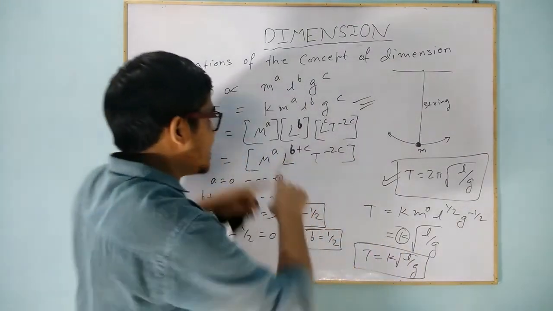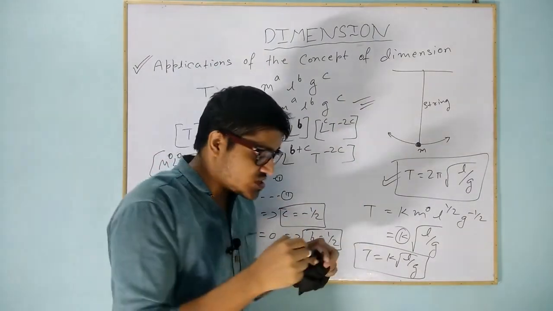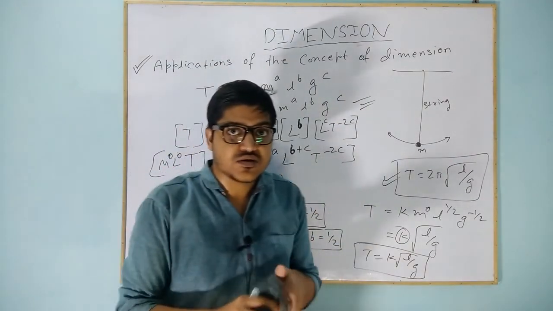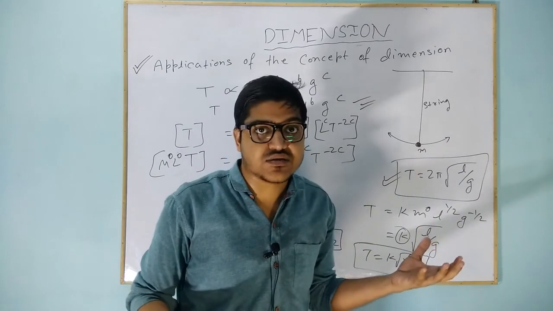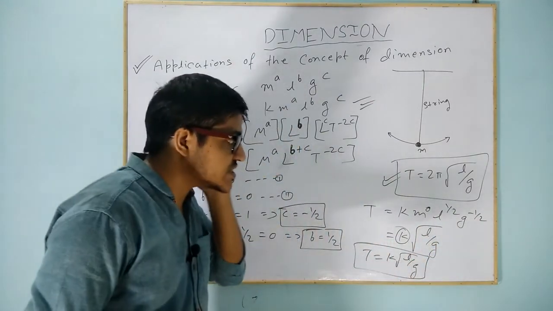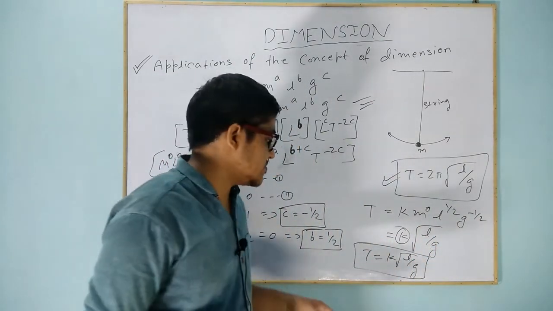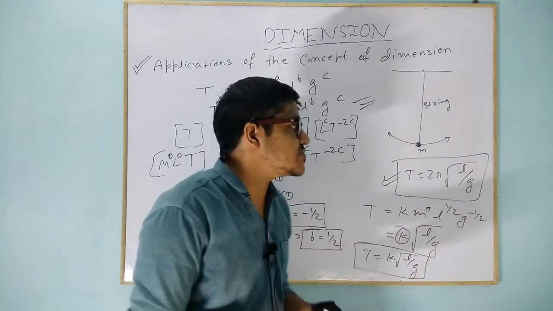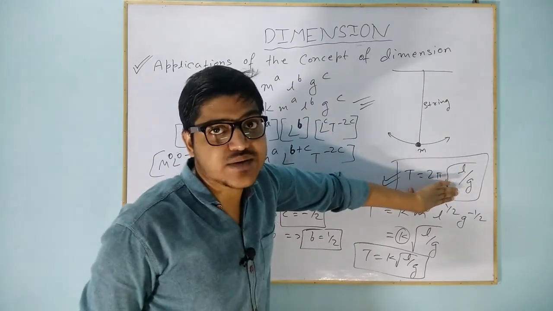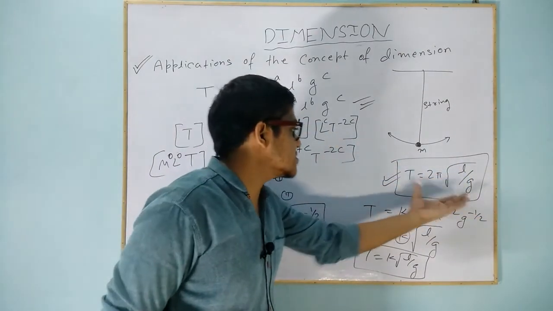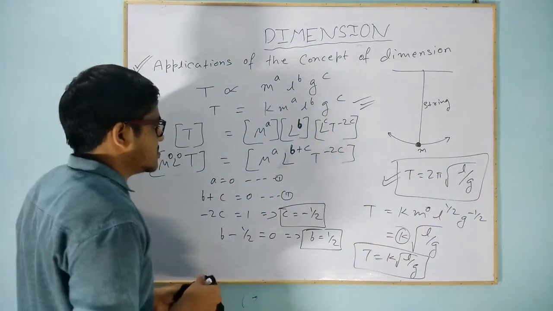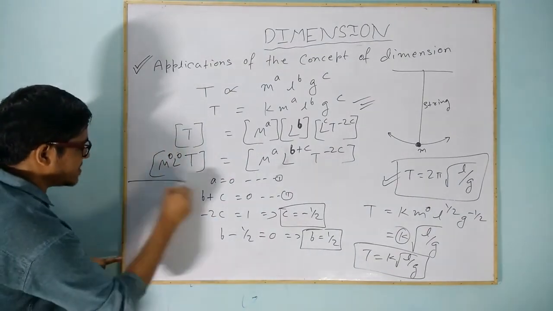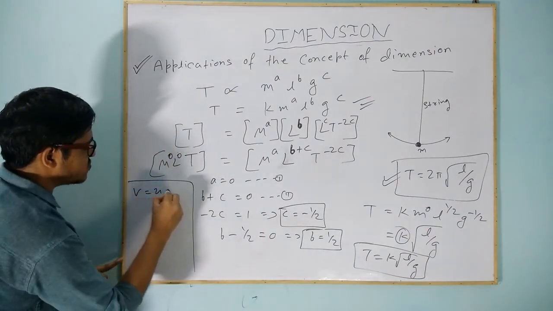Again, dimensional analysis helps us to reach very close to the exact equation only if the relationship is of product type. Here the relationship is of product type. If it were not of product type, we couldn't have deduced it using dimensional analysis. For example, say V is equal to U plus AT.